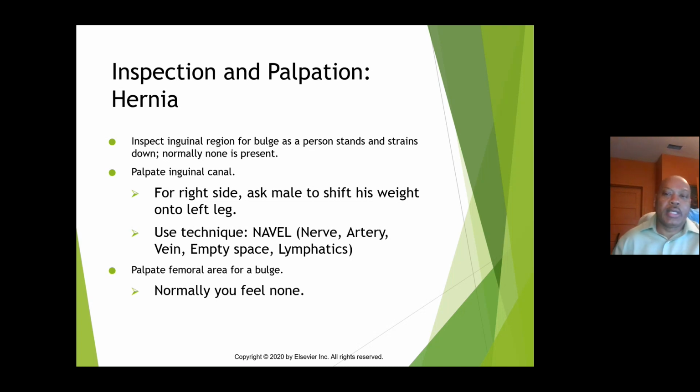Now, usually a hernia can be present, but easily reduced and appear only with an increase in intra-abdominal pressure. So when we strain, we're creating this intra-abdominal pressure, and that's what actually would reveal the hernia. But it can be reduced or pushed back into its proper place.